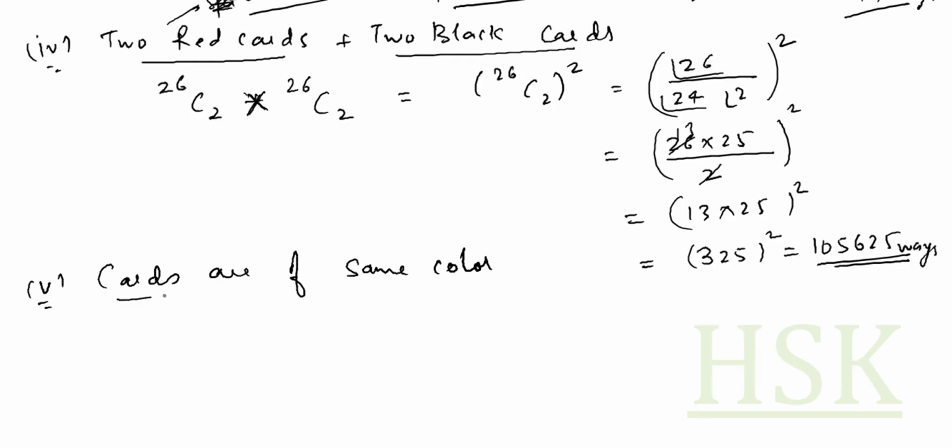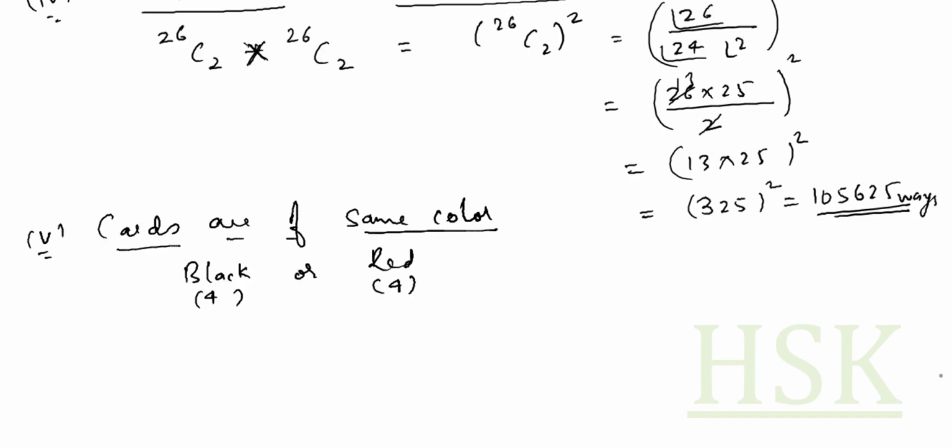In the 5th part, the cards are of the same color. This means that the cards should be 4 black cards or 4 red cards. Again, the total number of black cards is 26 and the total number of red cards is 26. So the number of ways of selecting 4 black cards is 26C4, and 4 red cards is 26C4 again.